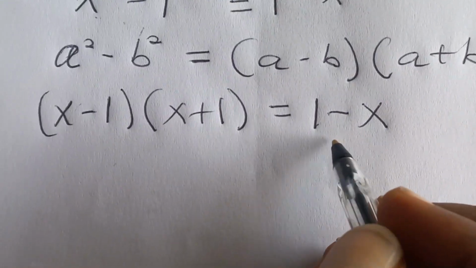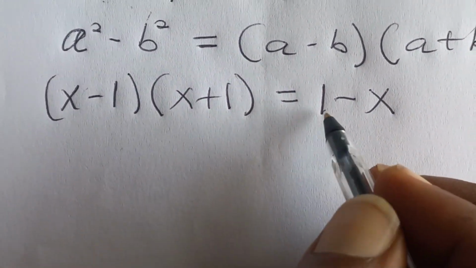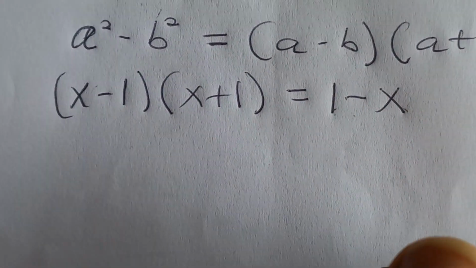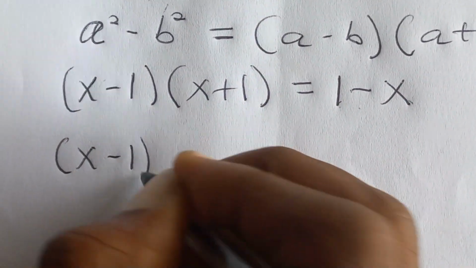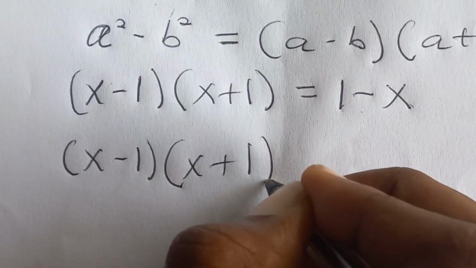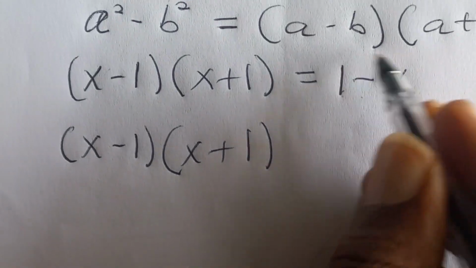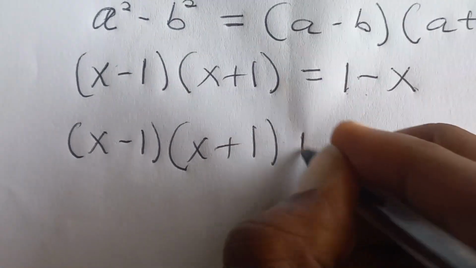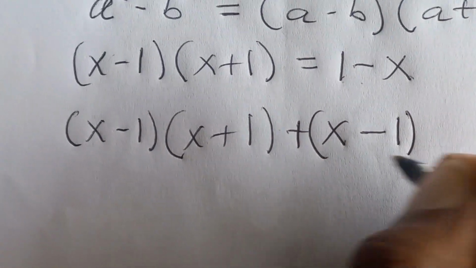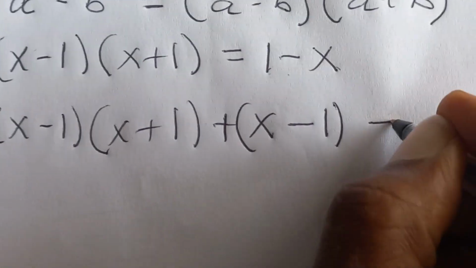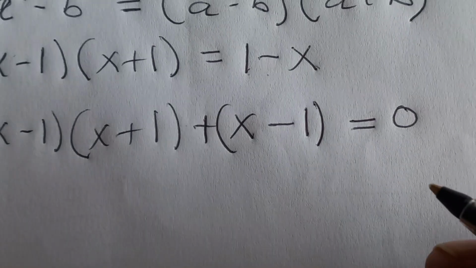Okay, so from here, we need to send this 1 minus x to the left-hand side. By doing so, we're going to get x minus 1, x plus 1, and then this one will come first, which is plus x, and then minus 1. So let's put them in the bracket, and it's still the same, and it's equal to 0 here.